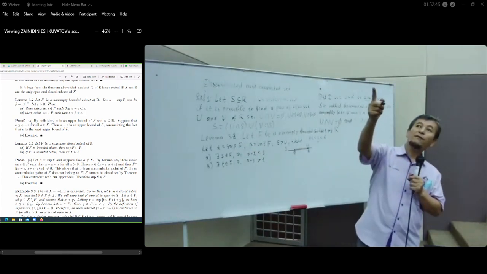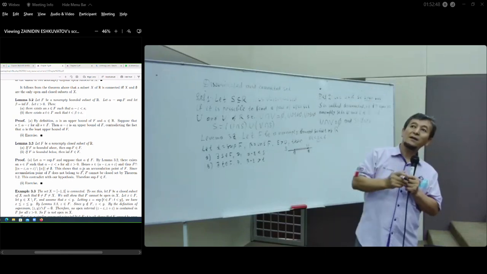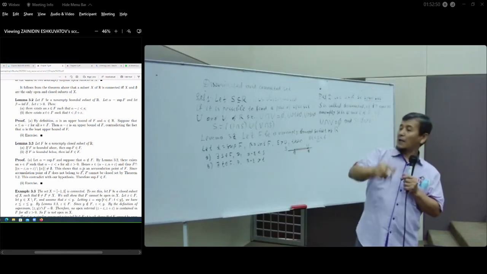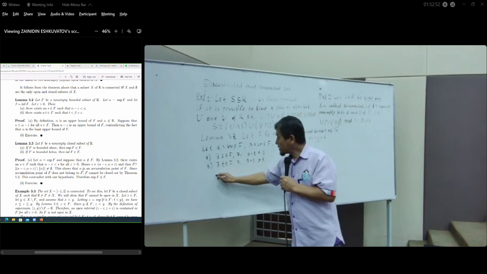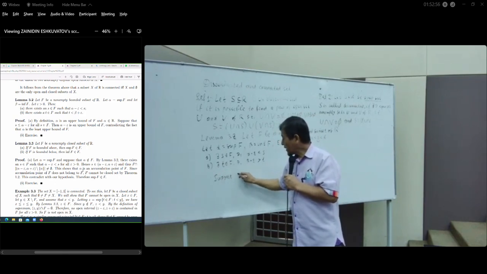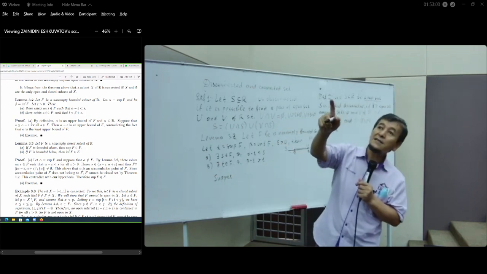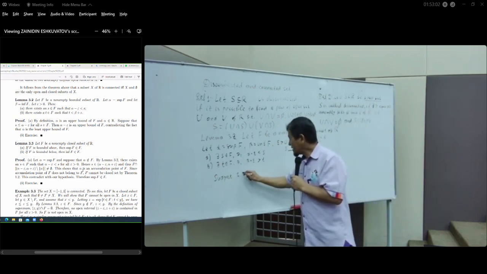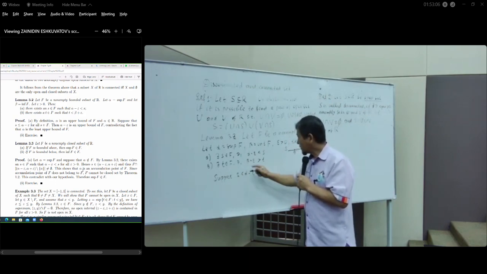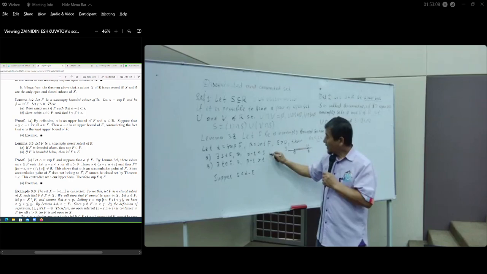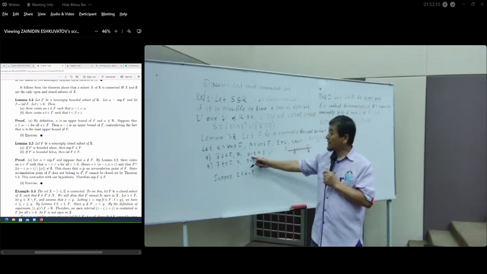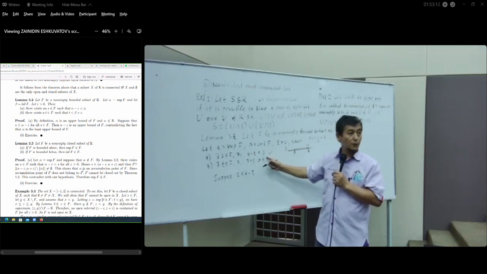Alpha is an upper bound of F and belongs to R. Suppose that S is less than alpha minus epsilon. Actually, here I'm stating that S should be greater than alpha minus epsilon.